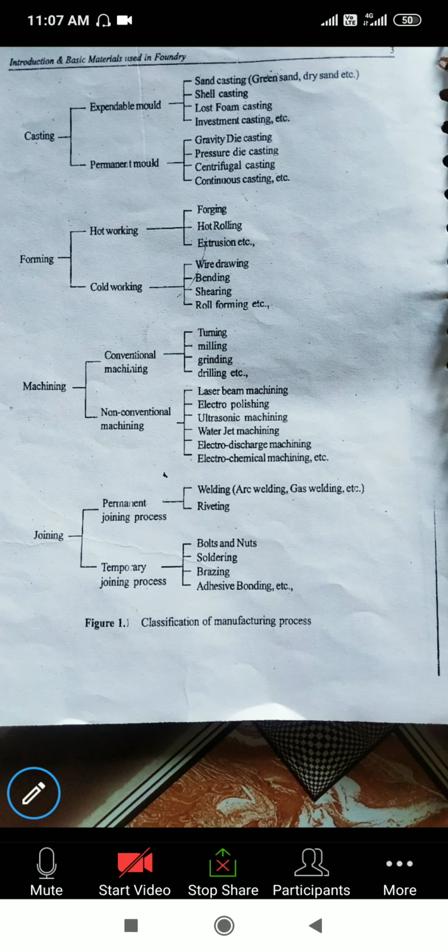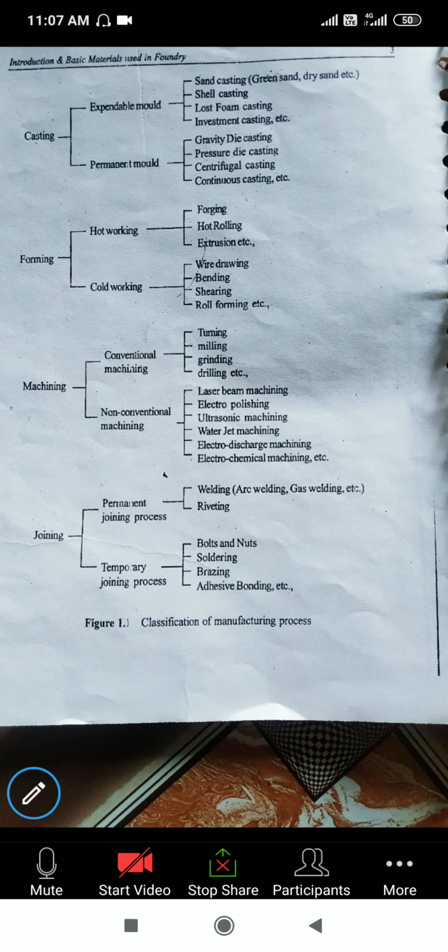It is restricted to a particular area or size. If you use sand, you can prepare a larger size sand mold or a smaller size sand mold, due to which you can have much bigger casting products by this method.